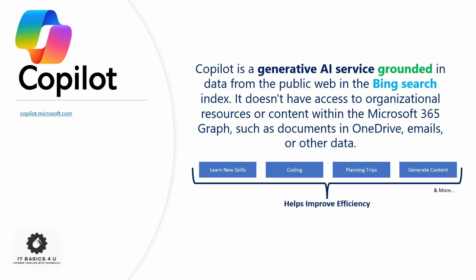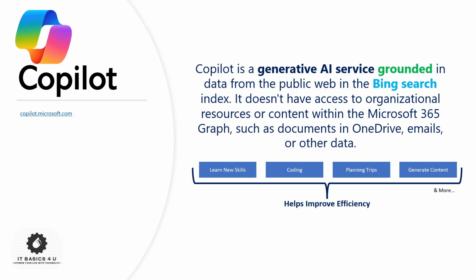And end of the day, what it's going to do is going to help you improve your efficiency. So if you have not already tested out Copilot, I would highly recommend going to copilot.microsoft.com and do it yourself. Put certain topics, let it perform those searches.